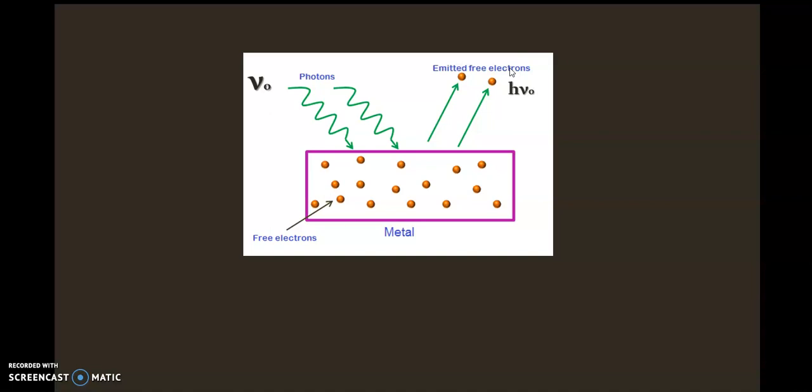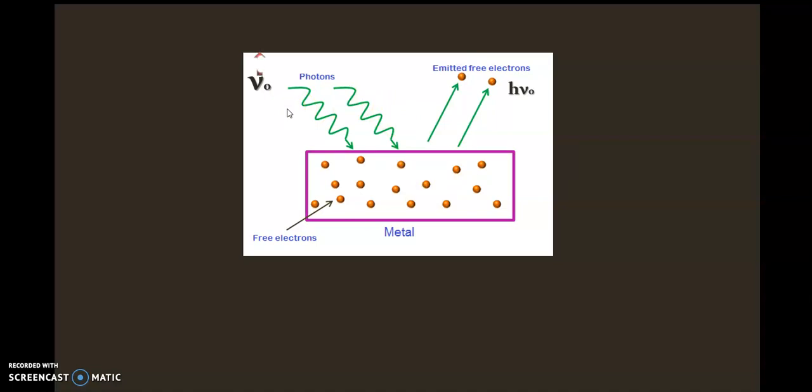Metal means it is composed of metal atoms. It always has a nucleus. And the energy of the photon enables the electron to break away from the metal or metal atom by overcoming the attractive influence of the nucleus.